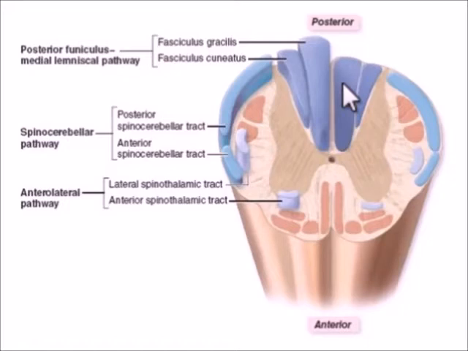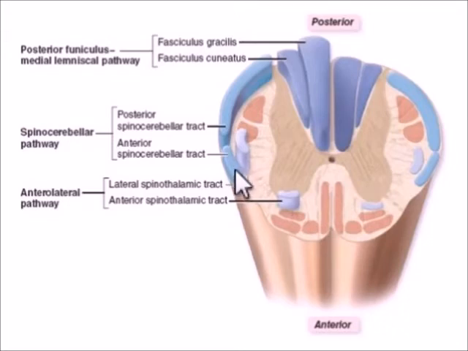There are also unconscious ascending tracts, and these unconscious ascending tracts are the anterior spinocerebellar tract and the posterior spinocerebellar tract. As the name suggests, these tracts go to the spinocerebellum.